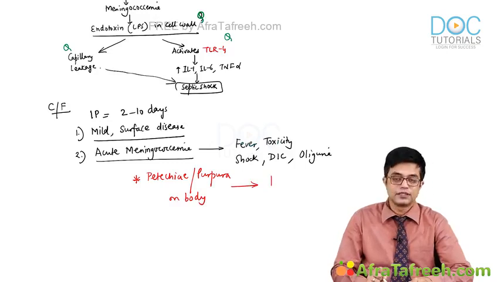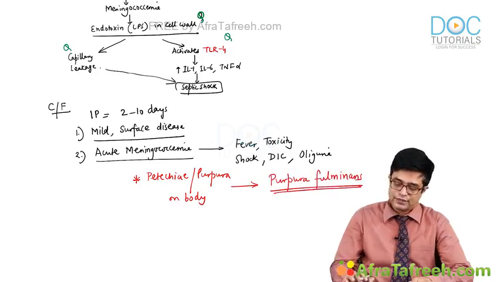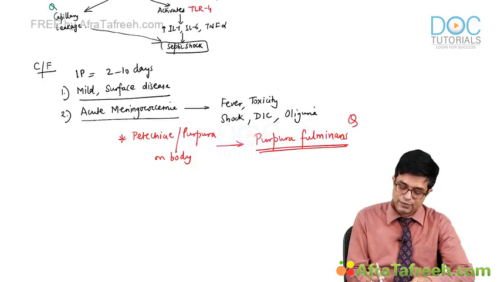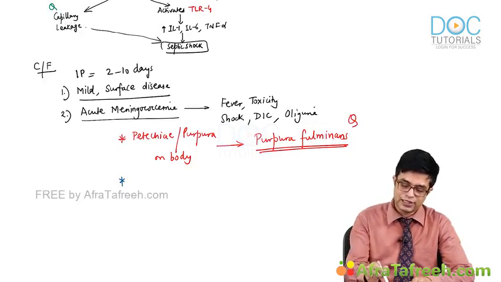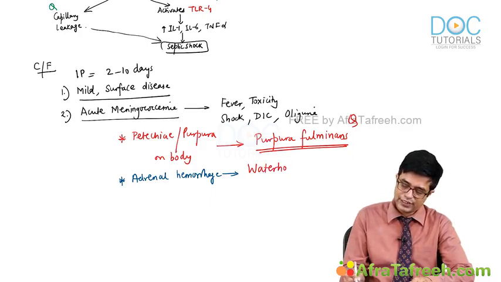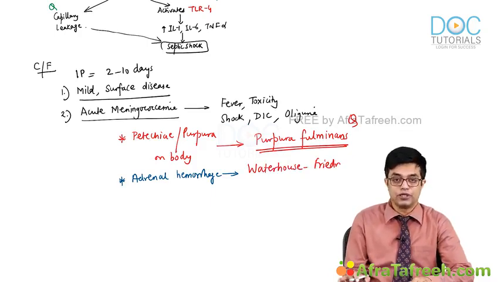Purpura fulminans, right? And rarely some of the patients may develop adrenal hemorrhage, which is often bilateral. If adrenal hemorrhage develops in severe meningococcemia, that is called Waterhouse-Friderichsen syndrome. But the fortunate thing is, it is not that common as it is thought in case of children.